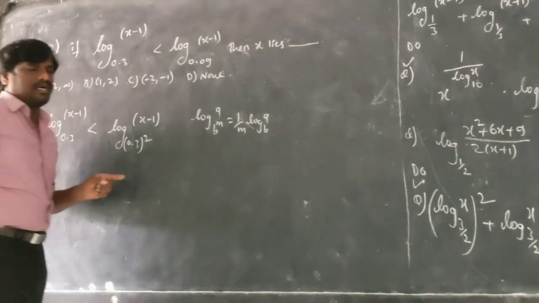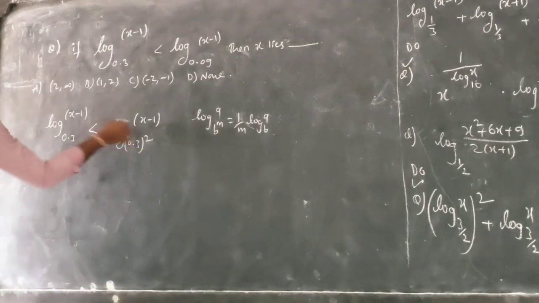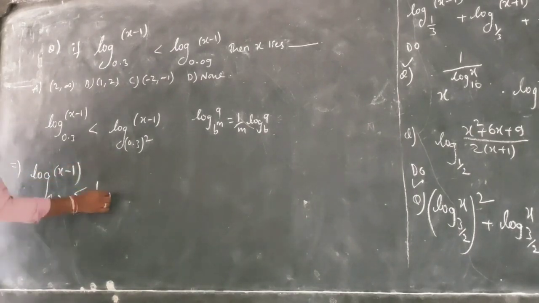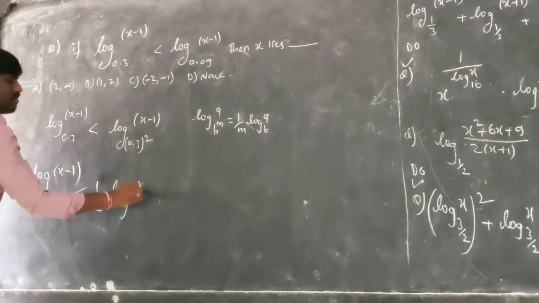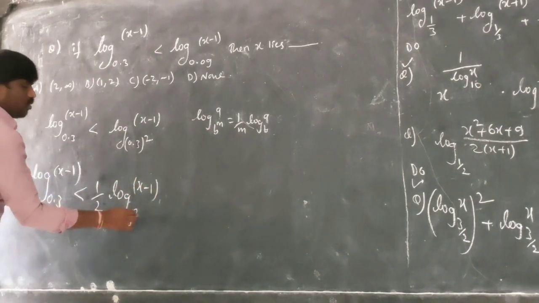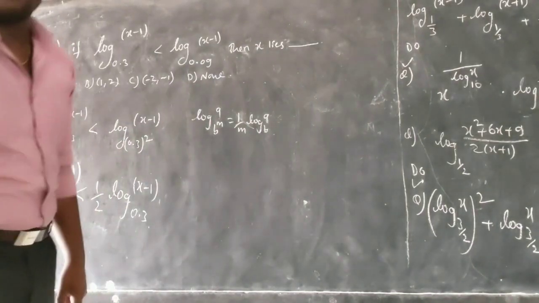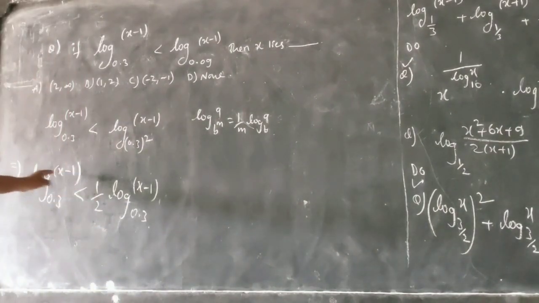According to this formula, this 2 can be sent here. So I get log of x minus 1 with base 0.3 less than 1 by 2 log of x minus 1 with base 0.3. Hope you understand what I have done. See here, these both are now the same.